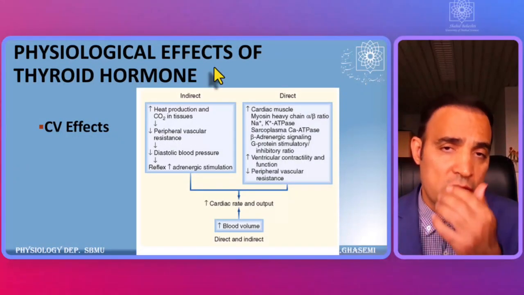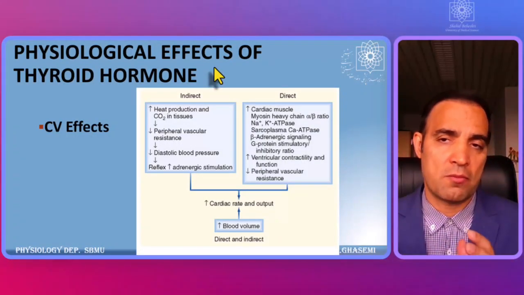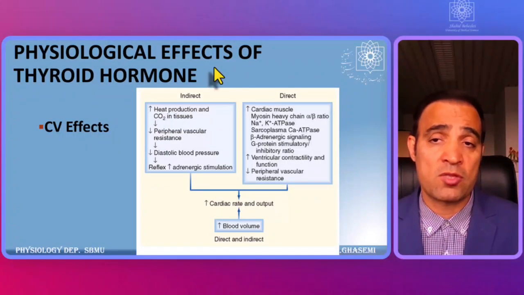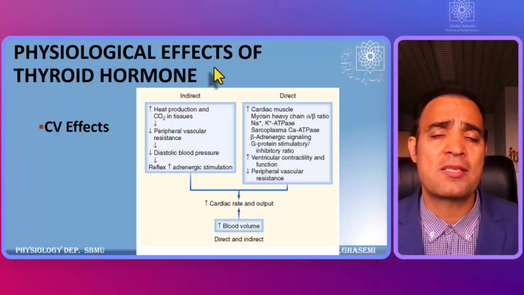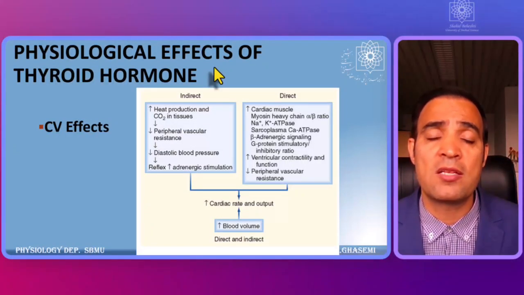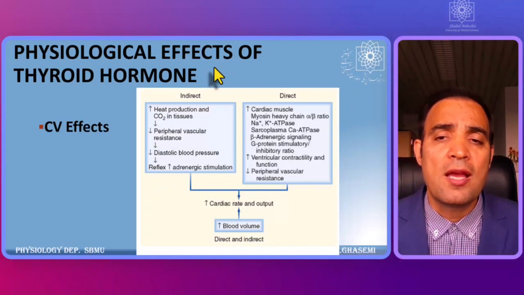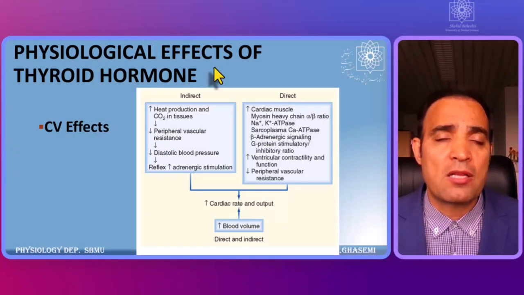And you see that directly it stimulates cardiac muscle myosin heavy chain ratio, sodium potassium ATPase expression, sarcoplasmic calcium ATPase pumps. And all these will affect the contractility of ventricular muscle.